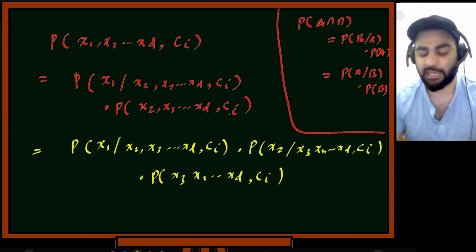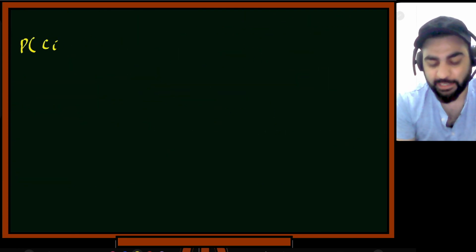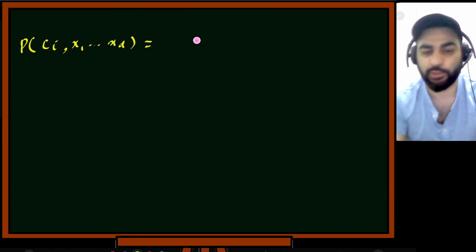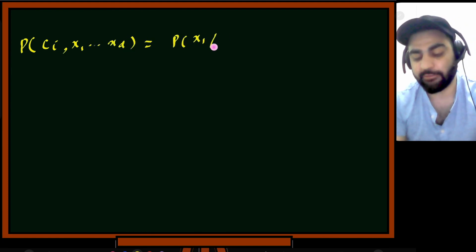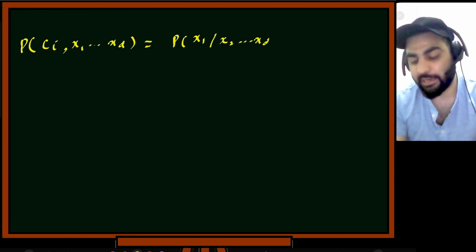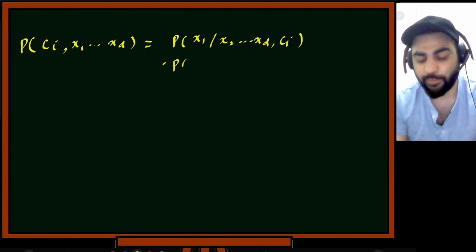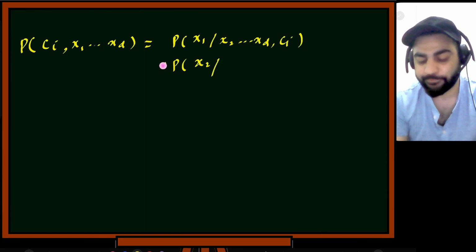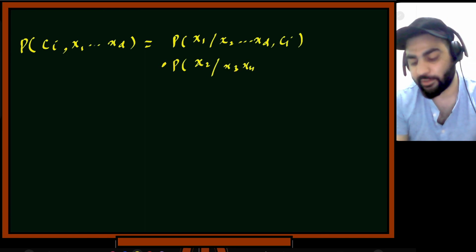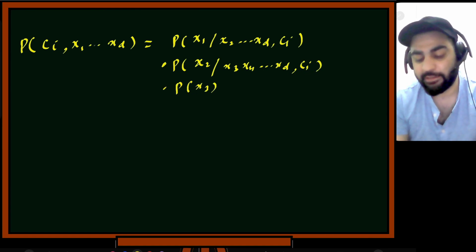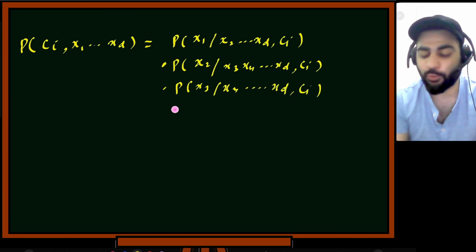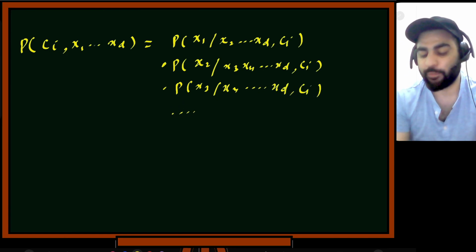Till I reach the last point. So if I now expand it, this is probability of ci comma x1 till xd. So this is basically equal to probability of x1 given x2 till xd and ci, multiplied by probability of x2 given x3, x4 till xd, comma ci, multiplied by probability of x3 given x4 till xd, comma ci, and it will go on till the end.